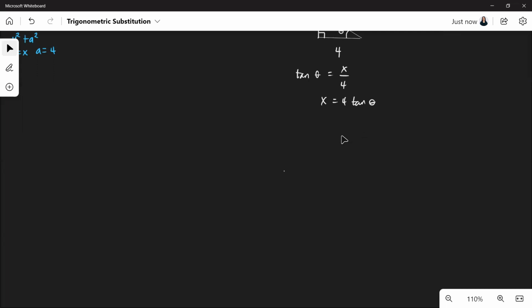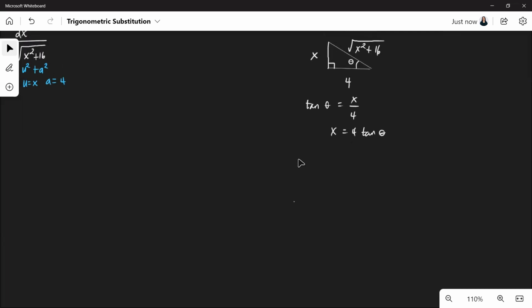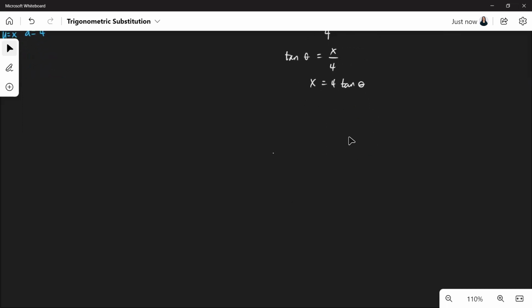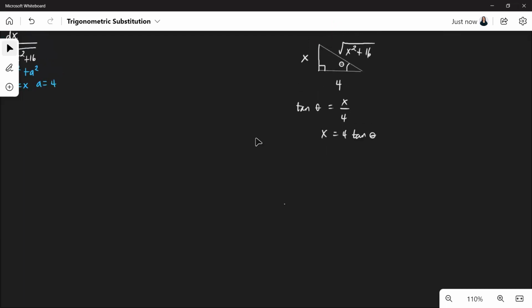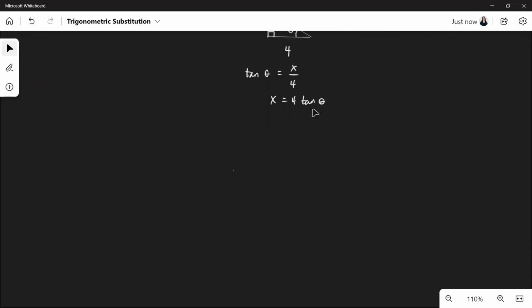So that's fine. But it would be easier if we deal with tangent instead of its reciprocal. In terms of whether it's correct or not, of course it's correct, but it would be easier to use tangent instead of cotangent.